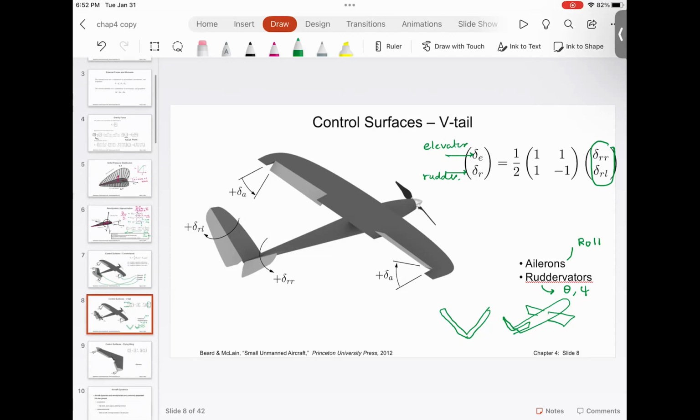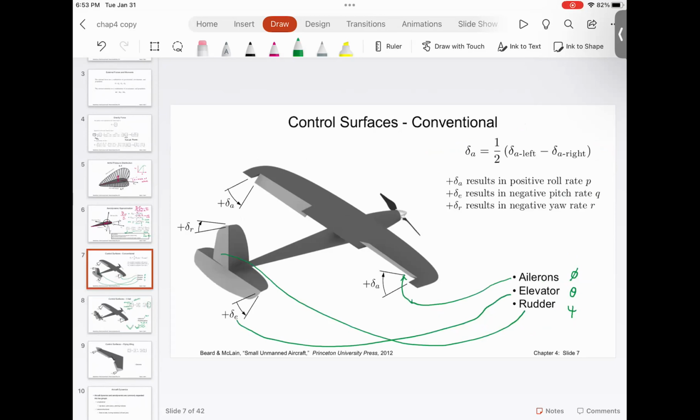What is the term delta E? Delta E is the deflection of the elevator. So elevator deflection. And this is rudder deflection. Can you see this delta E here?